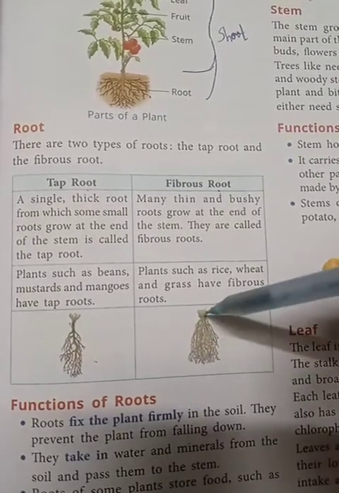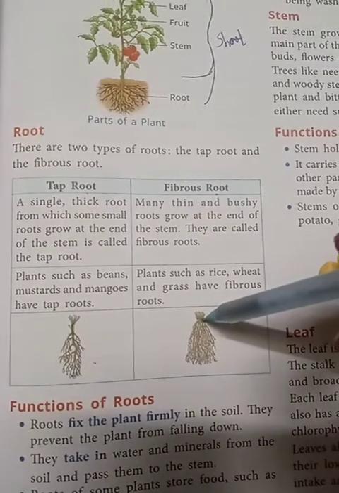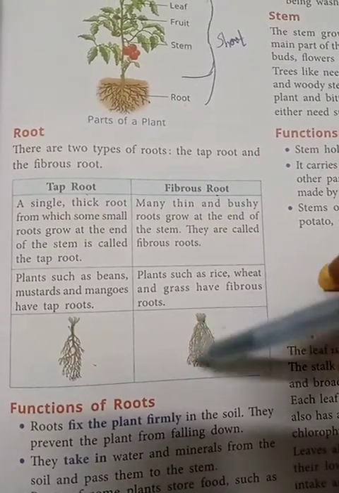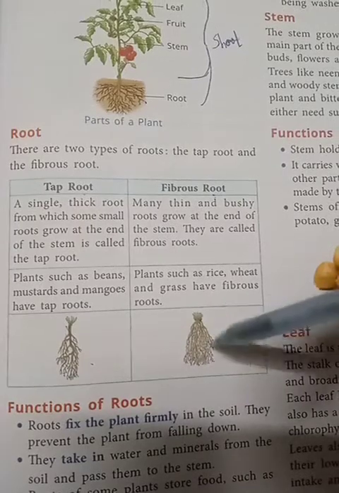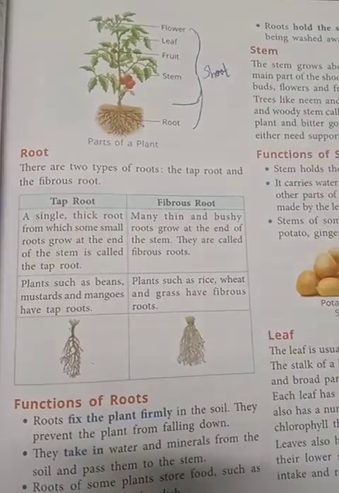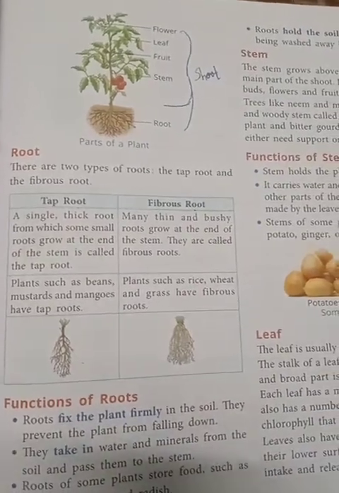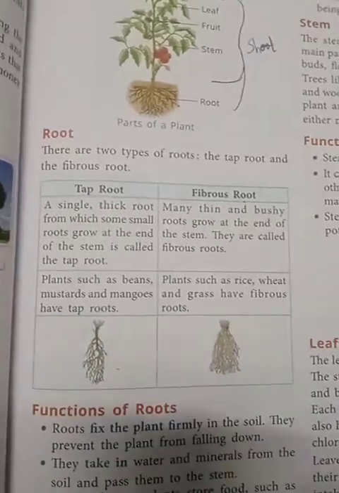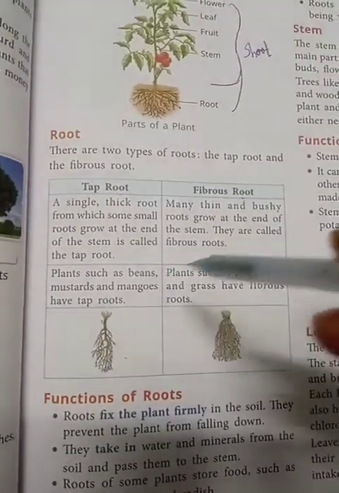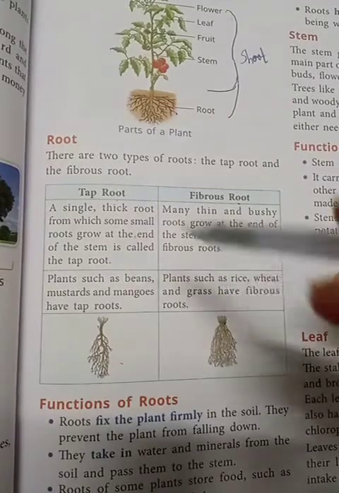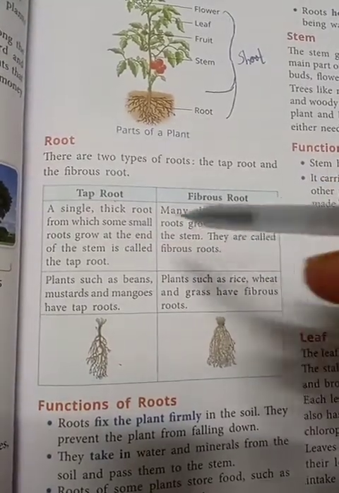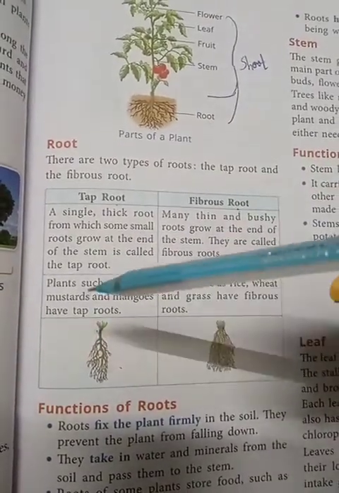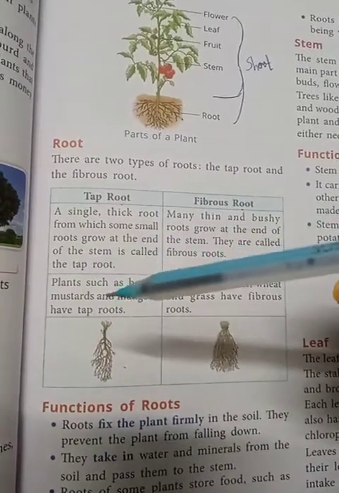Okay, there are no main roots, so many thin and bushy roots grow at the end of stem. From the end of stems, many thin hair-like bushy roots grow. Okay, and these are called fibrous roots because they look like fibers. So these are the types of roots: tap root, fibrous roots.